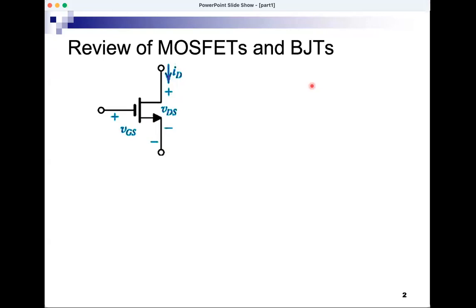So in the first part of the course, we will study analog electronics and amplifiers, as we said last week. And to amplify, the MOSFET should be operating in the saturation region, because this is where we can obtain amplification.